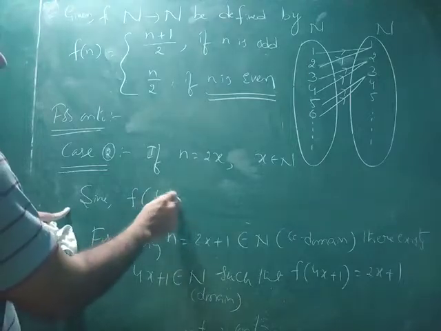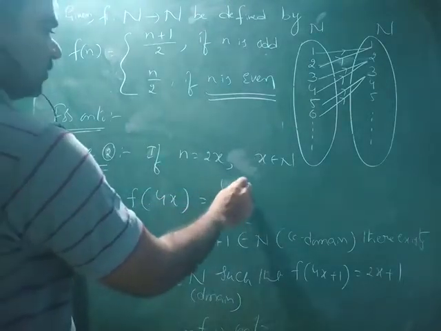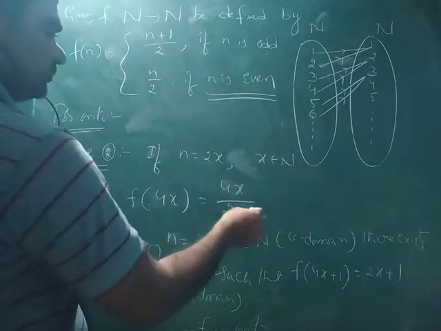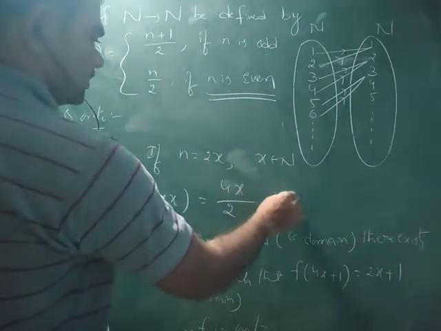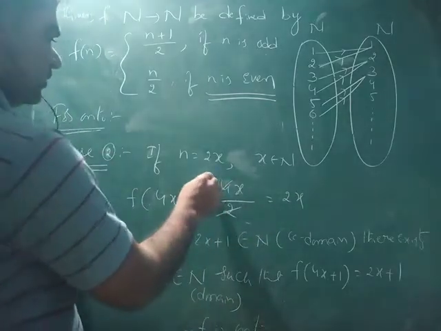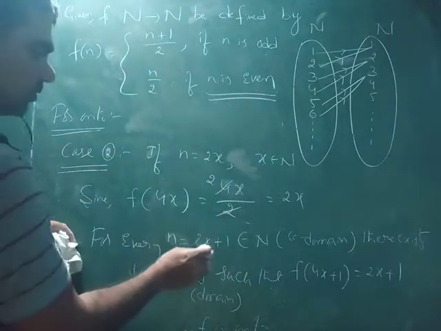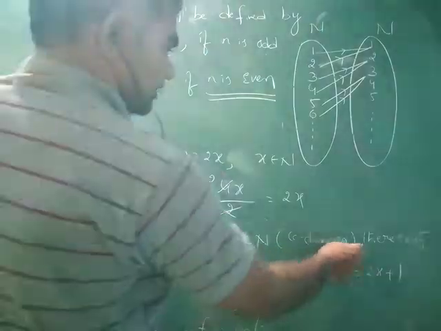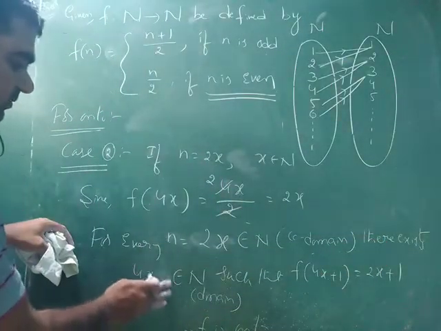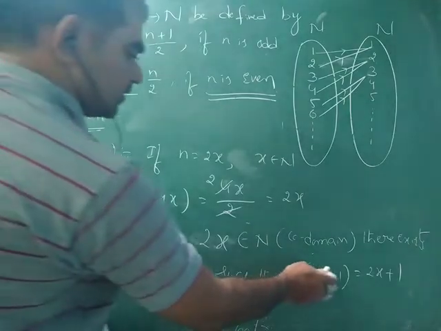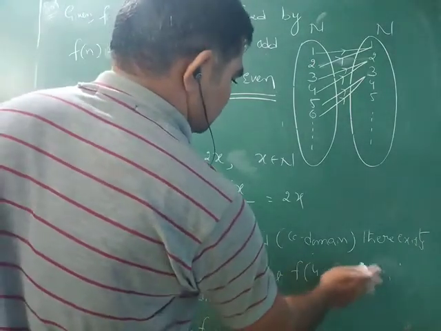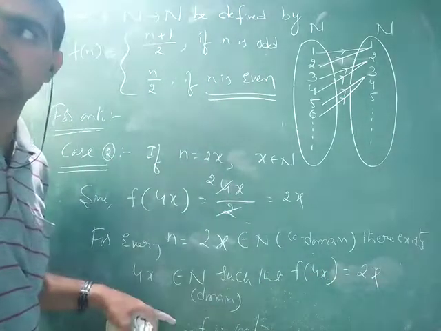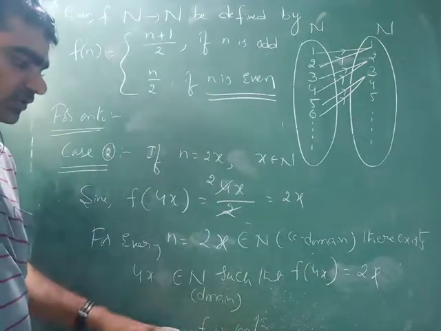Since what is f of 4x? 4x by 2, because it's the even case, so that is equal to 2x. For every n equal to 2x belongs to N in the codomain, there exists 4x belongs to N in the domain such that f of 4x is equal to 2x. So therefore f is onto.